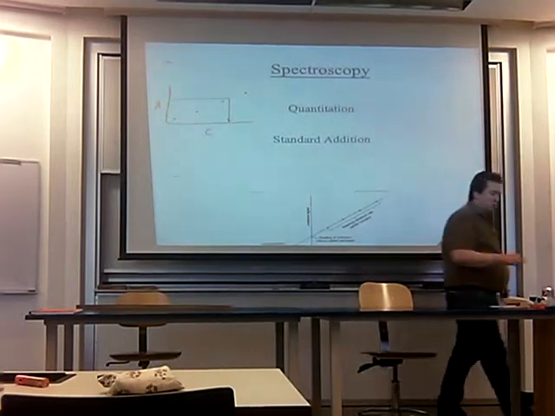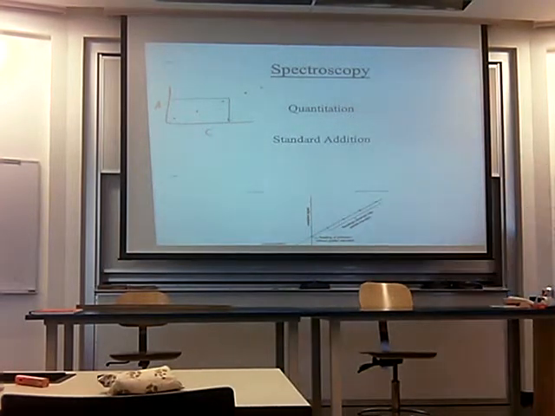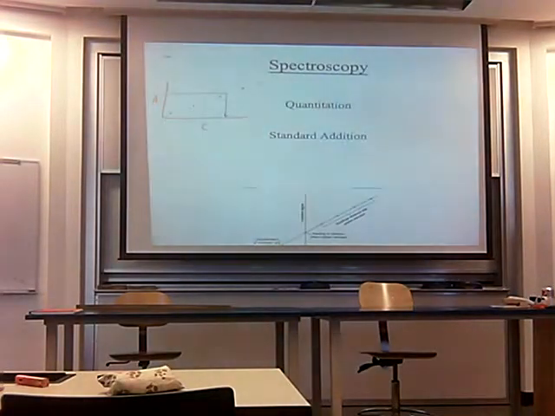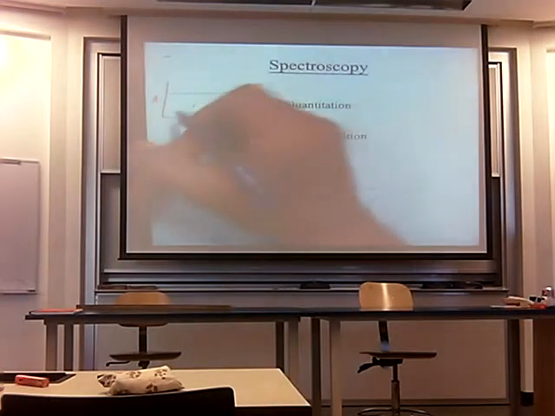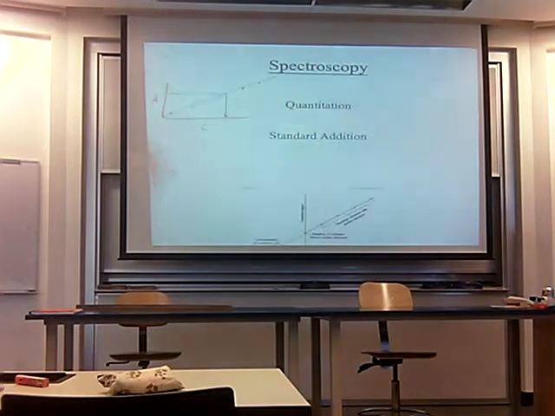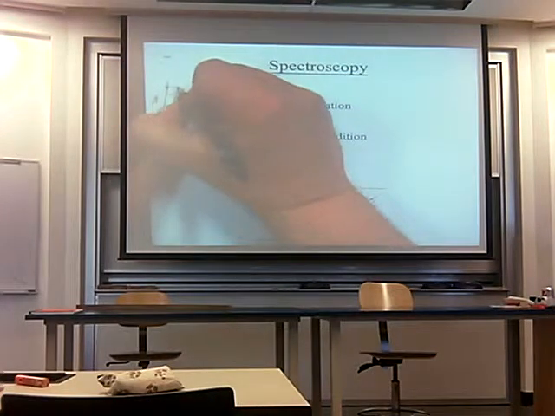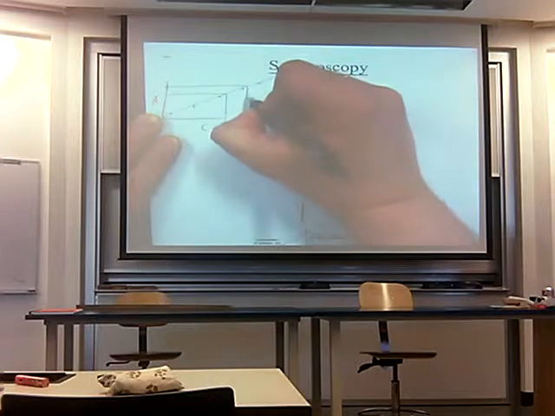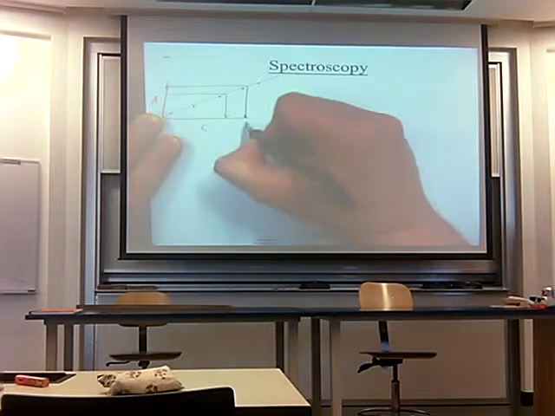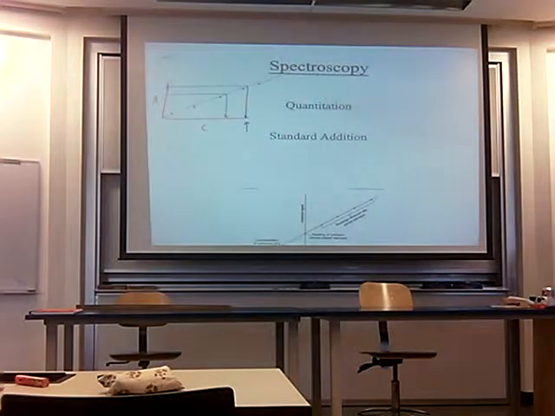So if you make standards in pure water, run them, and get a nice calibration curve, get a nice R-squared value, everything looks great. You then run your unknown. If there are components of the unknown matrix that affect the absorbance reading, now we get an absorbance up here, which is going to lead you to calculate the concentration that is significantly off than what it really is of your particular analyte.